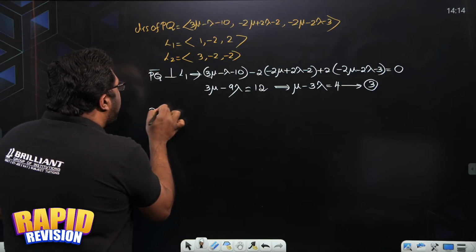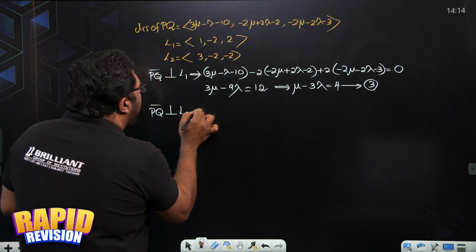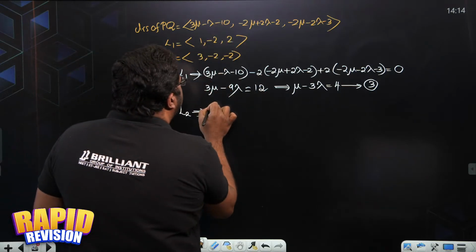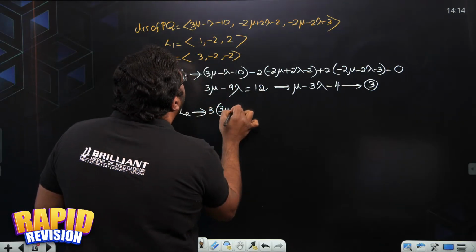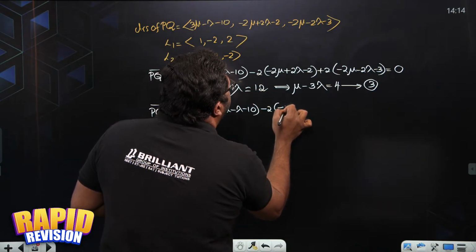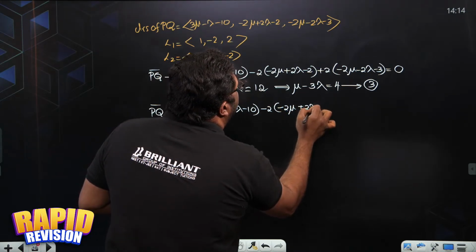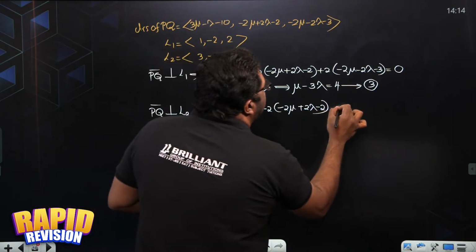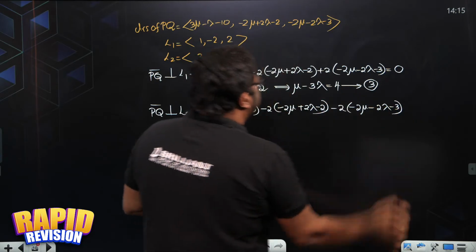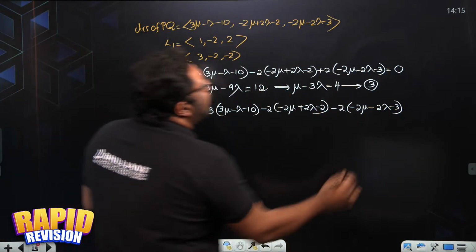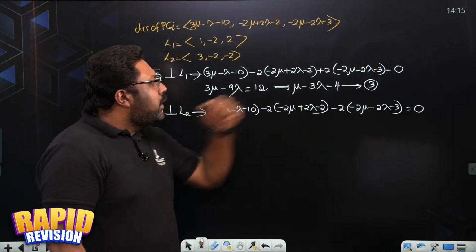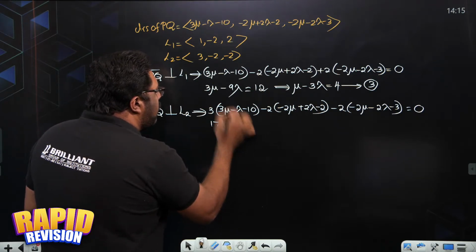Going for the second one, PQ perpendicular to L2. Multiply 3 with 3 mu minus lambda minus 10, minus 2 multiplied with minus 2 mu plus 2 lambda minus 2, minus 2 multiplied with minus 2 mu minus 2 lambda minus 3, equal to 0. 9 mu plus 4 mu, 13 mu, 13 mu plus 4 mu, 17 mu.